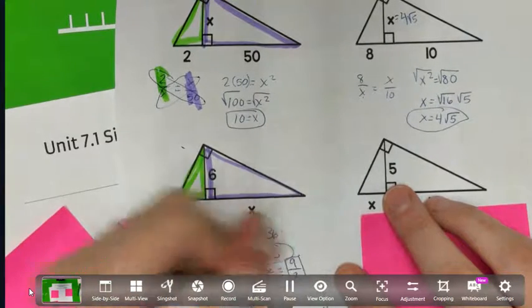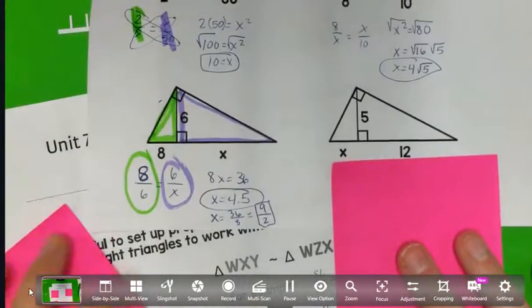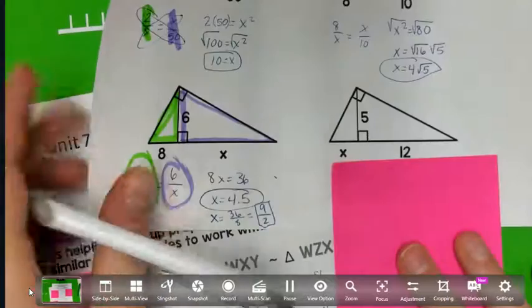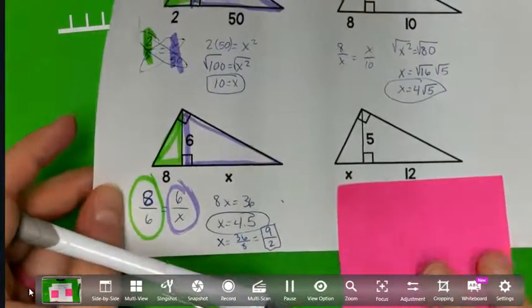Okay, that could also be your answer, depending on if it wants it in fractions or in decimal.